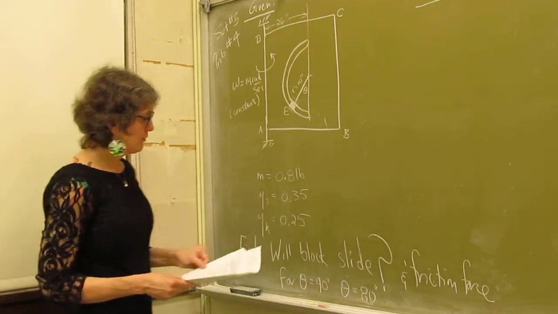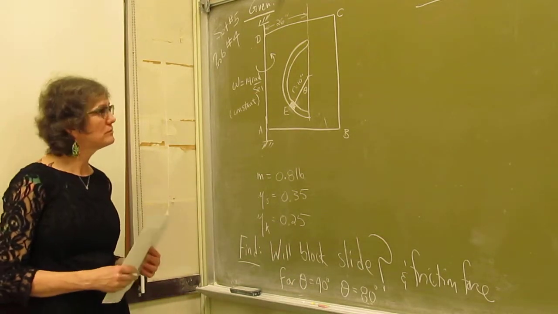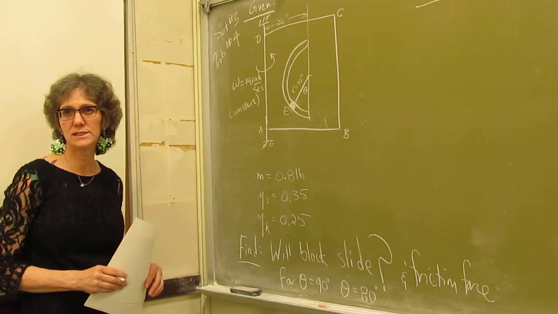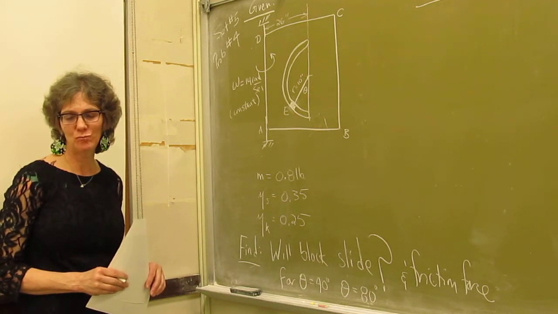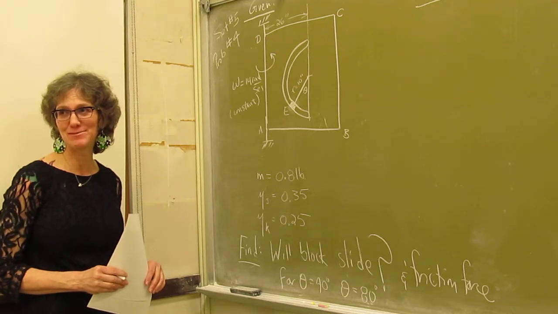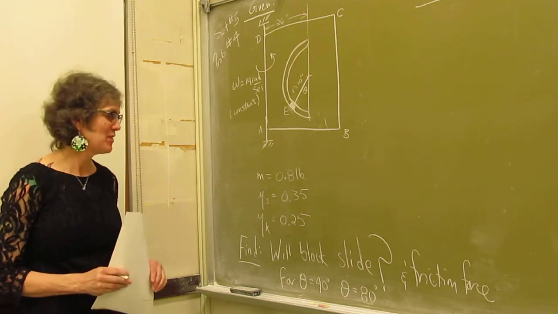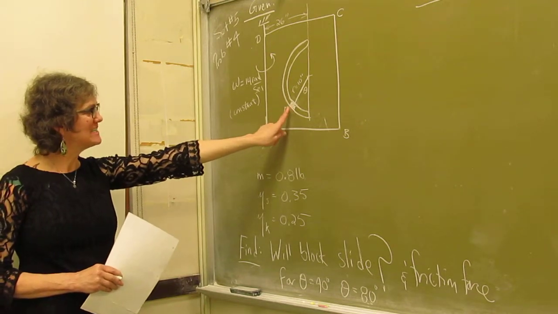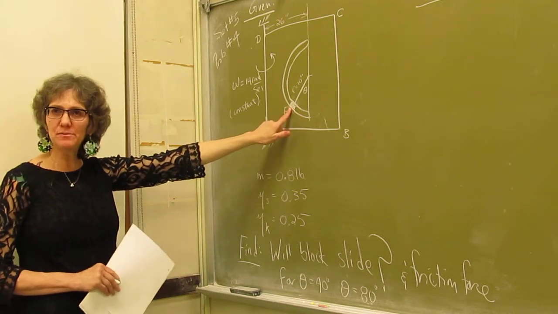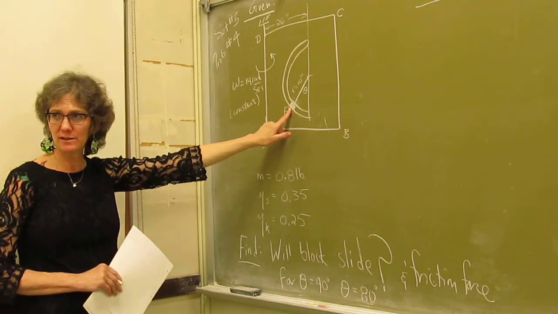Okay, so, any ideas? Free body diagram. Good. When in doubt, do a free body diagram. That's a great idea. The other thing is, if we assume that it doesn't slide, it simplifies the problem greatly.